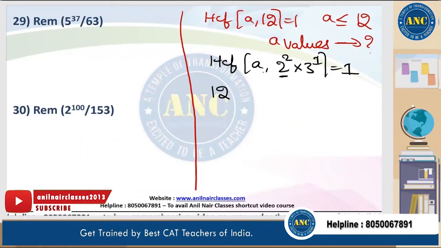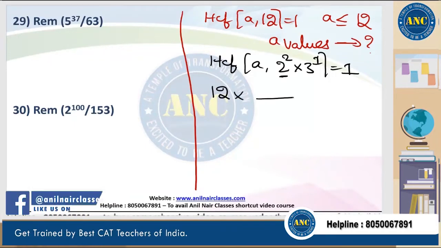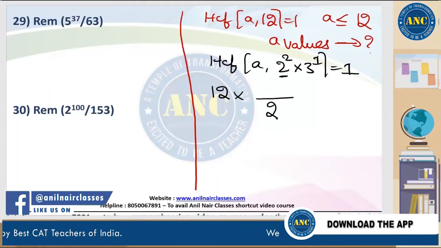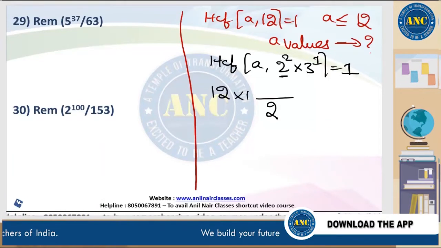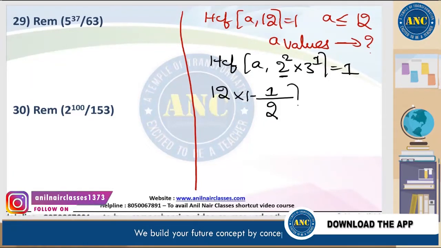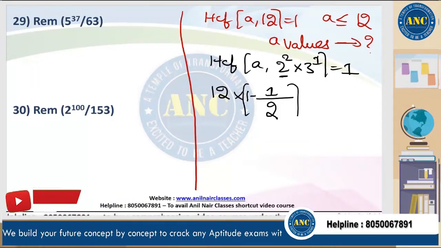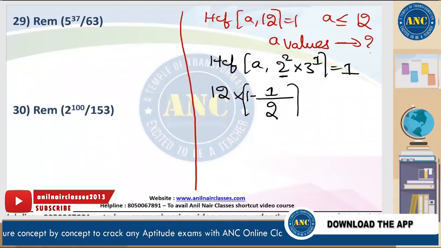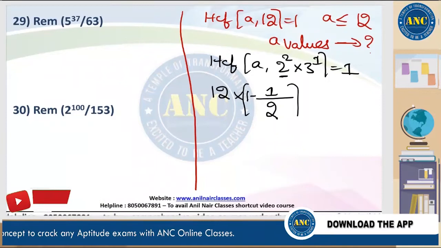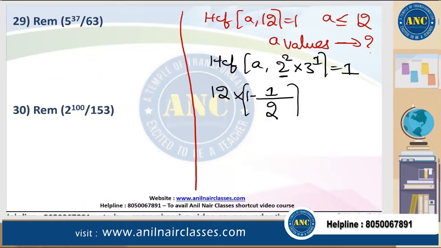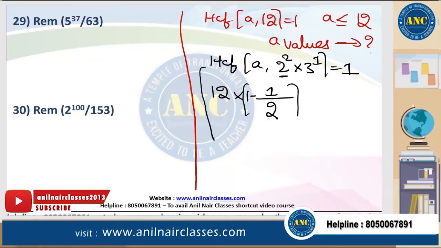But we require HCF as 1. That means out of two numbers, one is divisible by 2 and one is not. We require a number which is not divisible, because if a is divisible by 2 and 12 is divisible by 2, HCF cannot be 1.